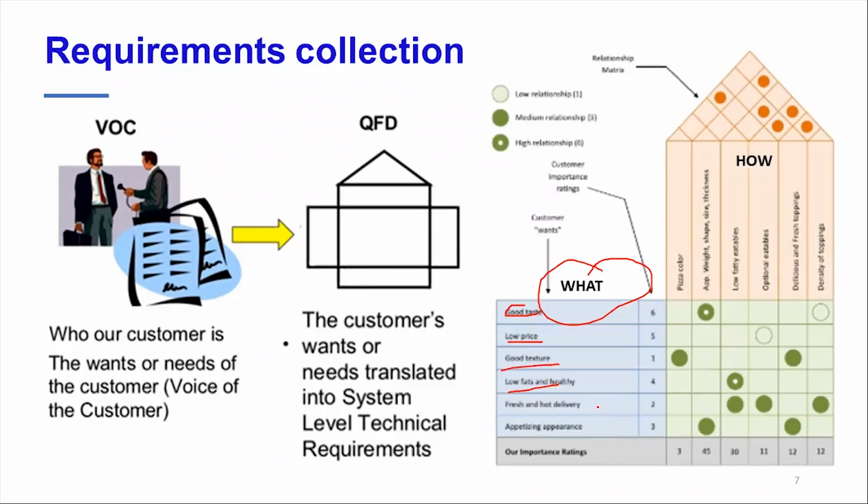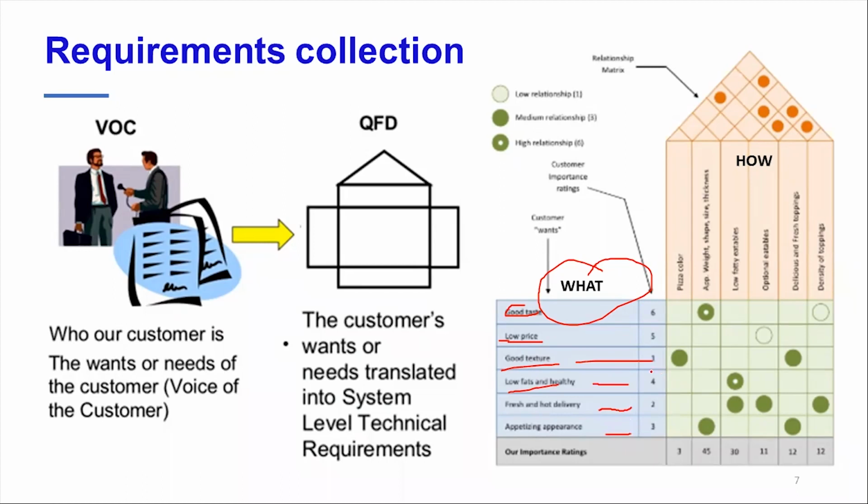This is for pizza. For our technical product, low price is always a customer requirement. Then it can be good quality, able to sustain all the temperature ranges, able to sustain all types of terrain or road conditions. Then the pump should have less noise.